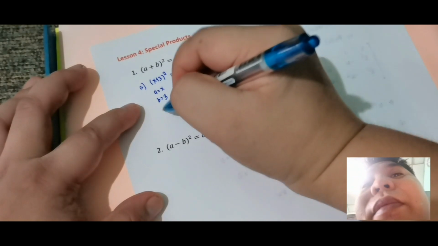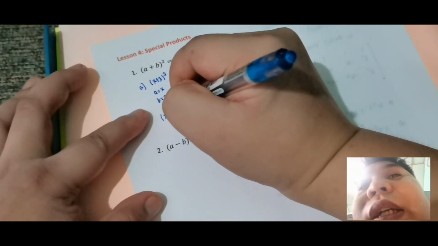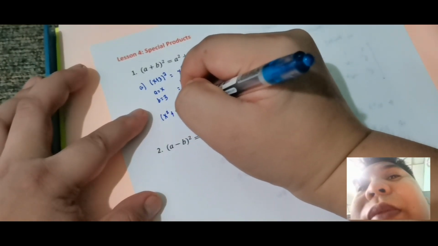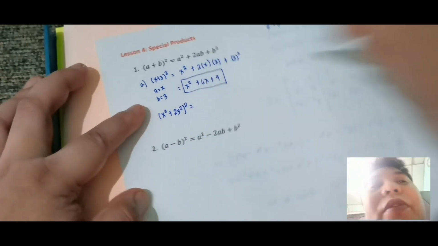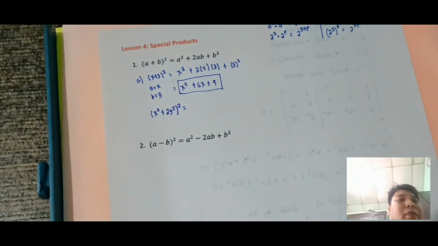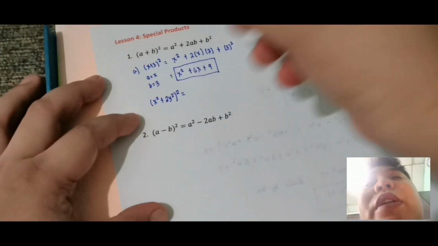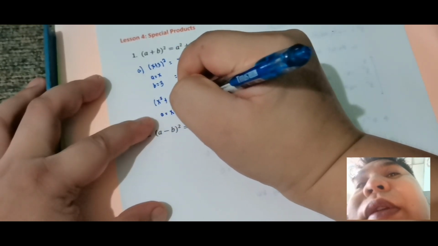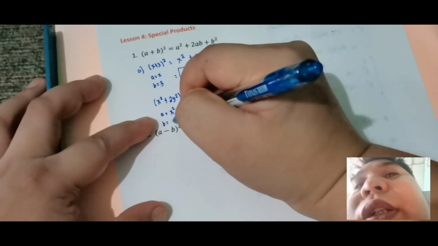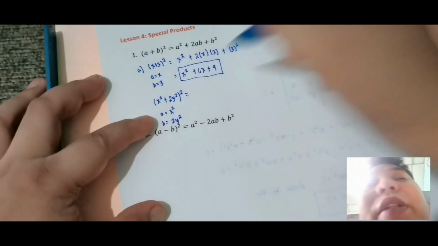So, letter B. That is x squared plus 2y squared raised sa 2. Dito medyo nagbago, pero binomial pa rin siya naka-raise sa 2. Walang pinagkaiba. Ano yung a natin dito? Ang a natin dito ay si x squared. Ang b natin dito is si 2y squared.